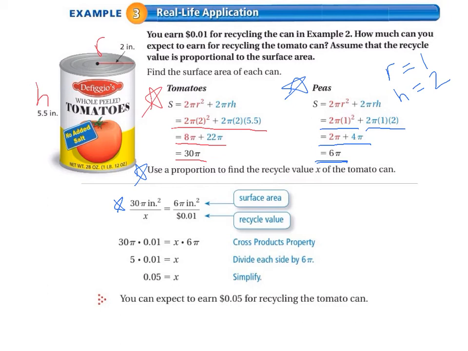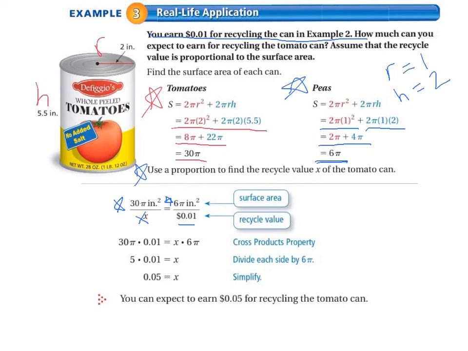And then on the same line, we're going to have 6 pi here for our surface area of the can of peas. Now we know that up here it tells us that we earn 1 cent for recycling the can of peas. So that is why there's a 1 cent down here. And then we are trying to figure out how much we'll earn for recycling the tomato can. So we have an X down there.